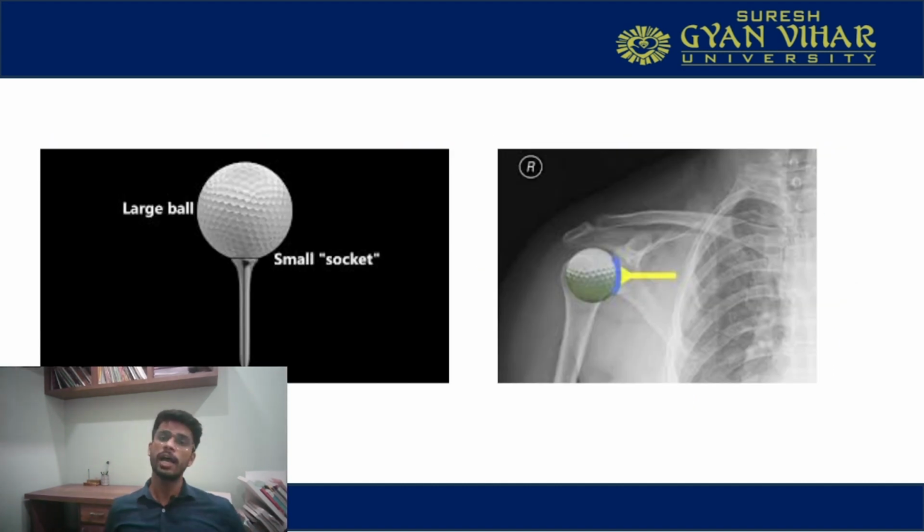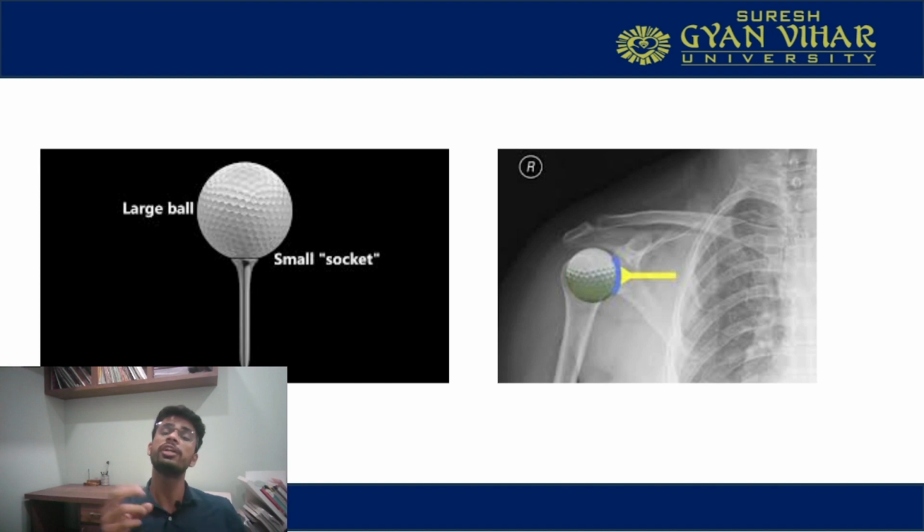Now to understand this, I believe that you have seen golf. Whenever a player is hitting the golf ball, there is a small socket, a tee, on which he or she keeps the ball, and then with the help of the stick he hits the ball. So imagine that socket as your glenoid cavity, and that large ball is your convex head. The diameter of the head of the humerus is approximately 2 times greater than the glenoid cavity.